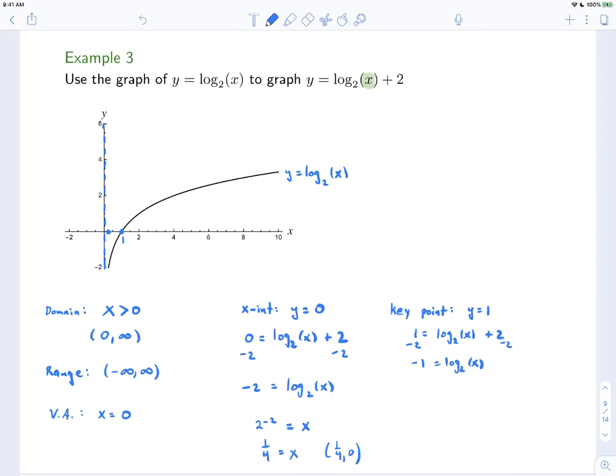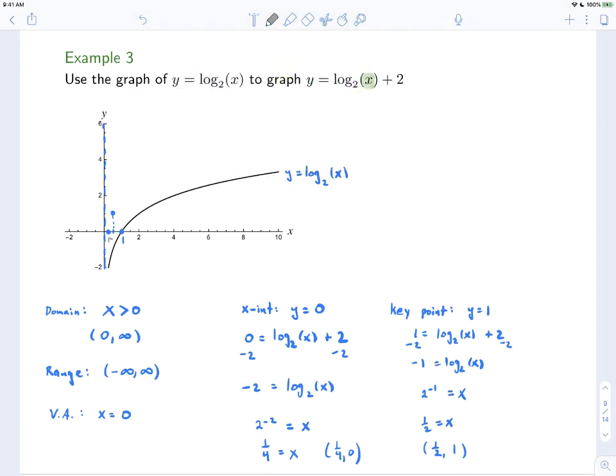So negative 1 is the power of 2 that gives us x. So 2 to the negative 1 gives us x. So 1/2 is equal to x. That means our key point is 1/2, comma 1. So 1/2 is right here, and this is when y is equal to 1, which is right there. Okay, so that's our key point.